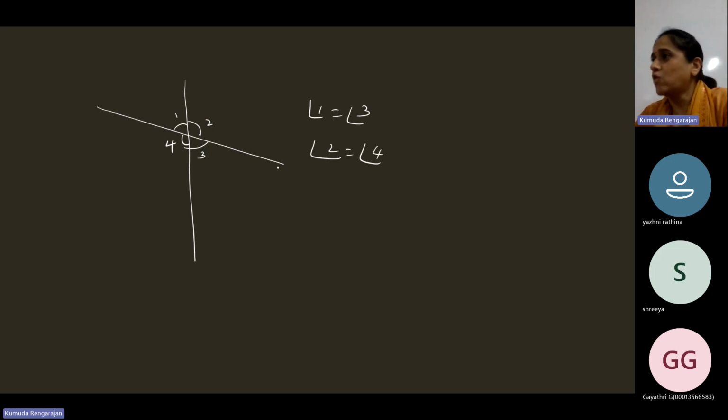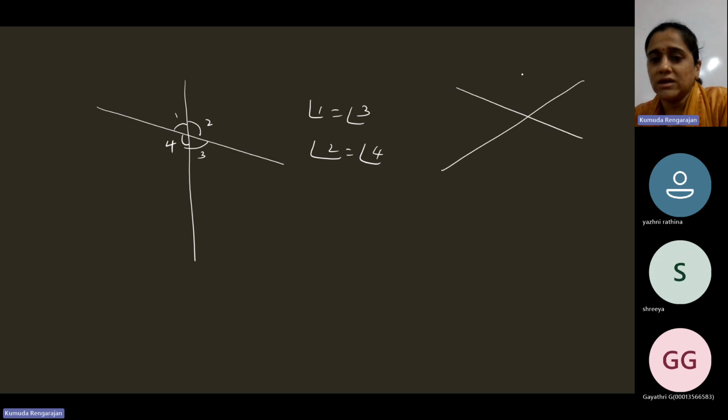Vertically opposite angles are formed when two lines intersect at a point. More than two lines also can meet. If you have three lines going through the same point, here also see these two vertically opposite angles. This one and this one are vertically opposite angles. And this one and this one are vertically opposite angles.